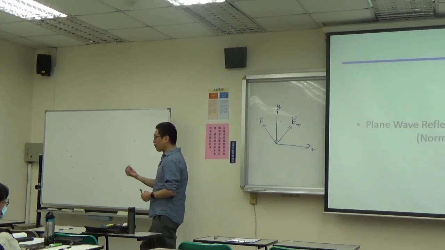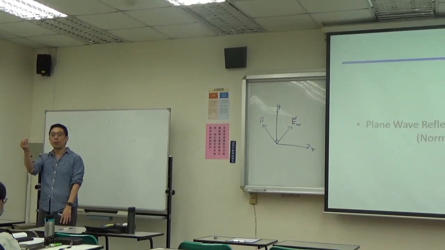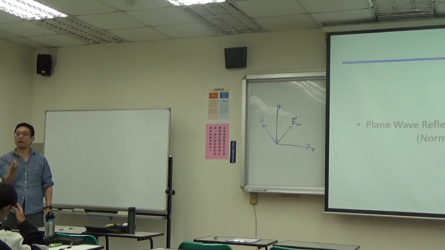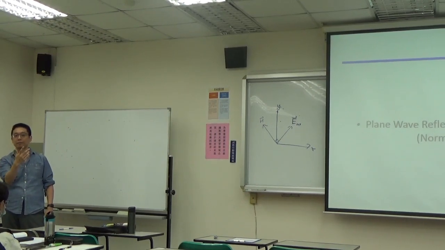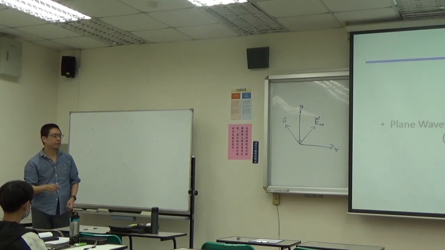First of all, we will have an electric field with its corresponding magnetic field. We have E and H together, and it's propagating in maybe the P direction, or we call it the S direction. It's the direction of the Poynting vector. Okay, this is the first part.